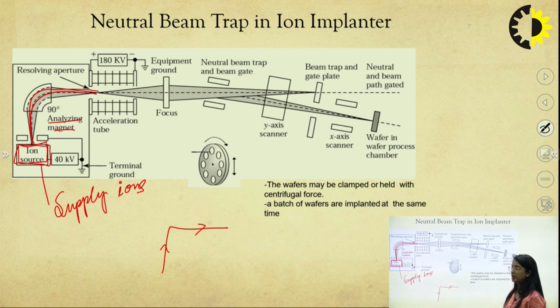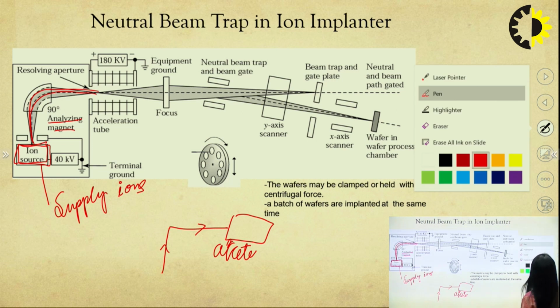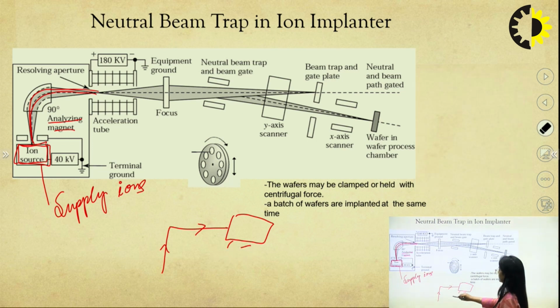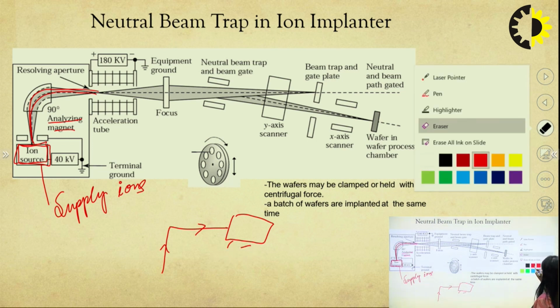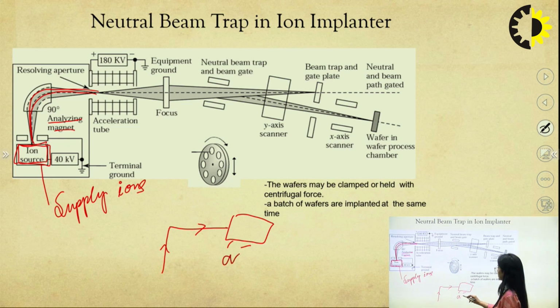So when they are 90-degree shifted, they are then passed into a tube where they are accelerated. This acceleration will help them in getting a speed.